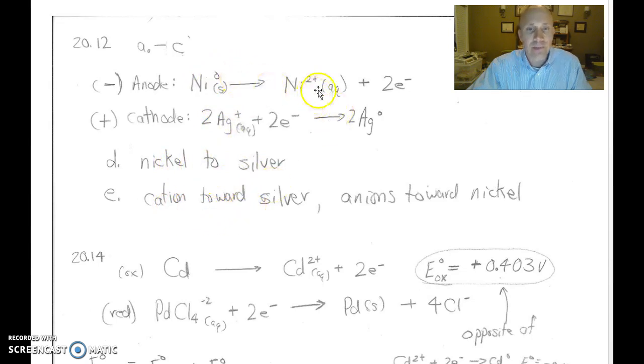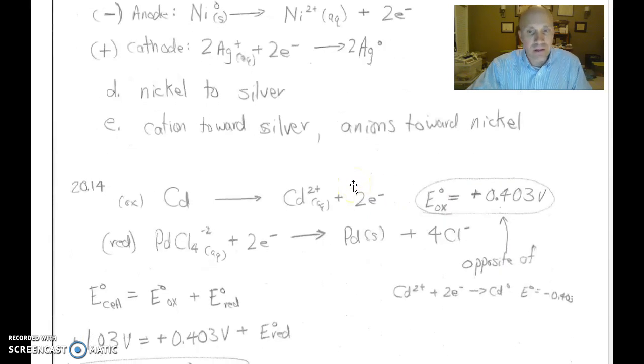And if you think about what is happening at the silver, if things are flowing towards the silver electrode, the silver one is going to be where the electrons are coming in to the half cell, so that if the electrons are coming in there, the cations, which are the positive ions, are going to move towards that silver electrode, and the anions in the solution would be moving towards the nickel.